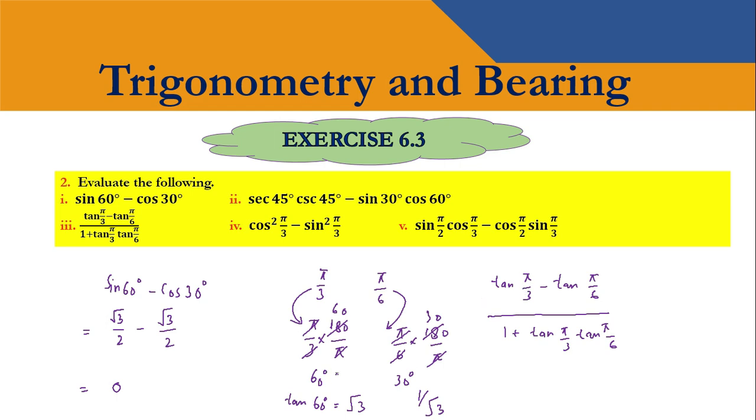So tan pi by 3 is equal to under root 3, minus tan pi by 6, which is 1 over under root 3, divided by 1 plus under root 3 into 1 over under root 3.